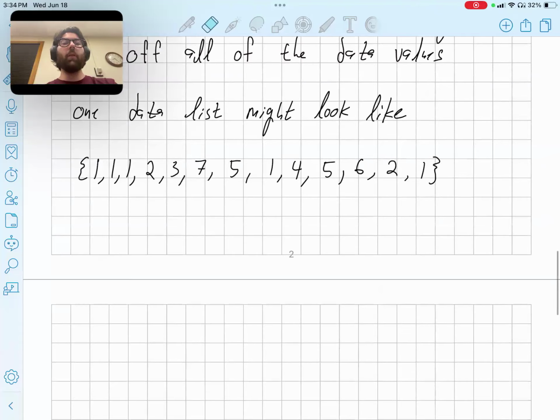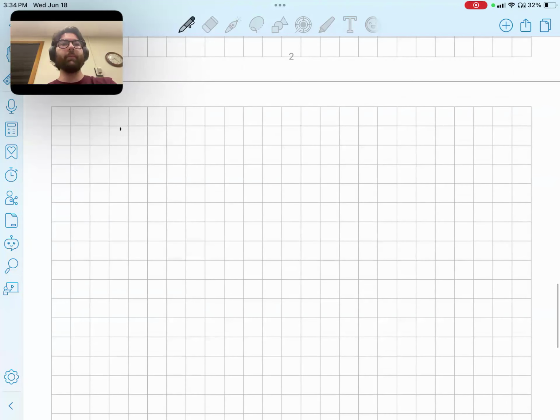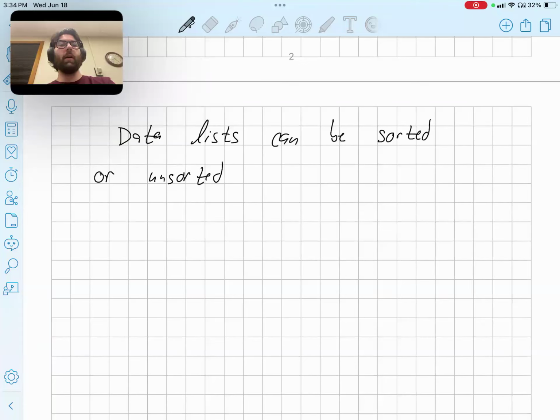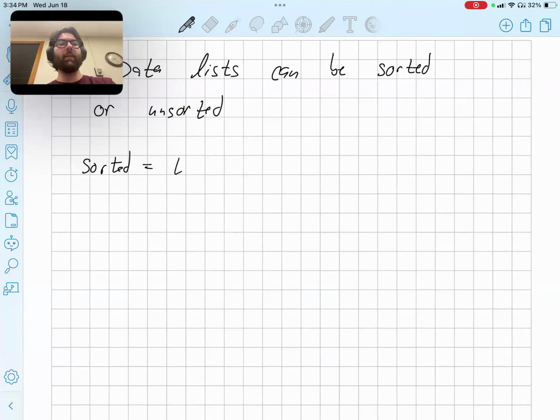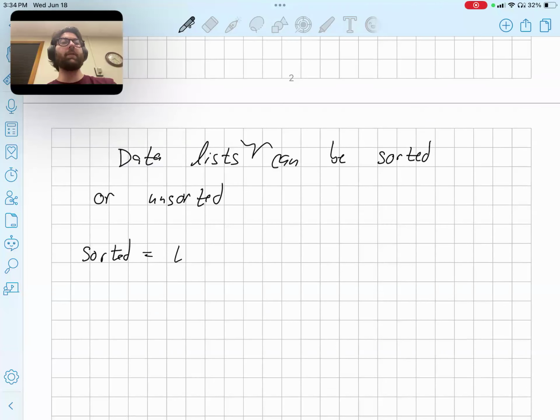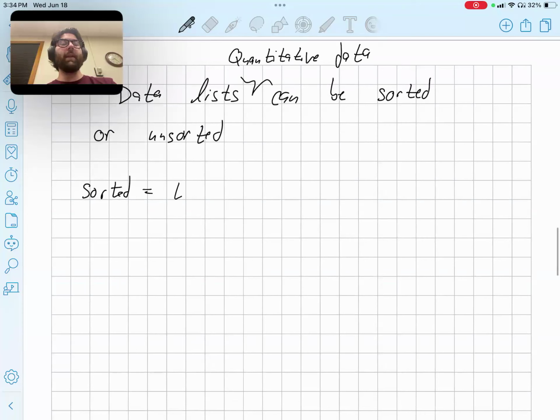The problem is, data lists can be sorted or unsorted. Sorted means that the data points, and this only applies to quantitative data, sorted data lists means that the data is in ascending order.